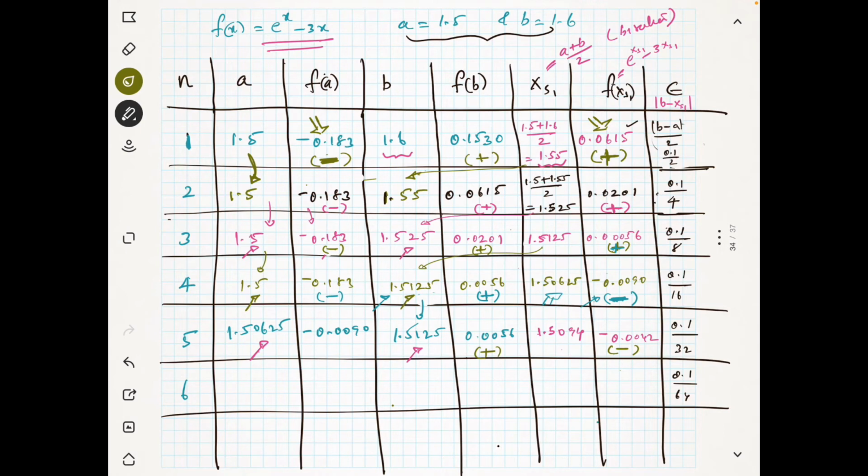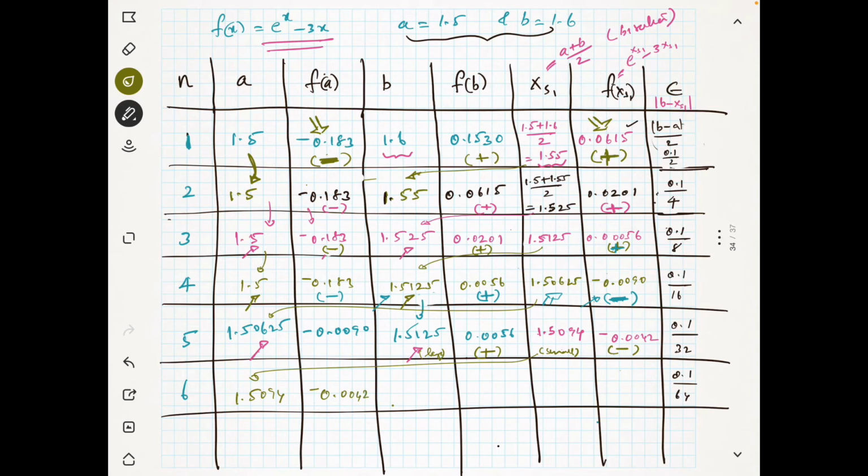So what is my x's? X's is the small number when compared to b. This is a large number. So I will write my x's first, that's why I am writing the x's first here also. I will write my x's first, 1.5094, and f of x's is nothing but minus 0.0042.